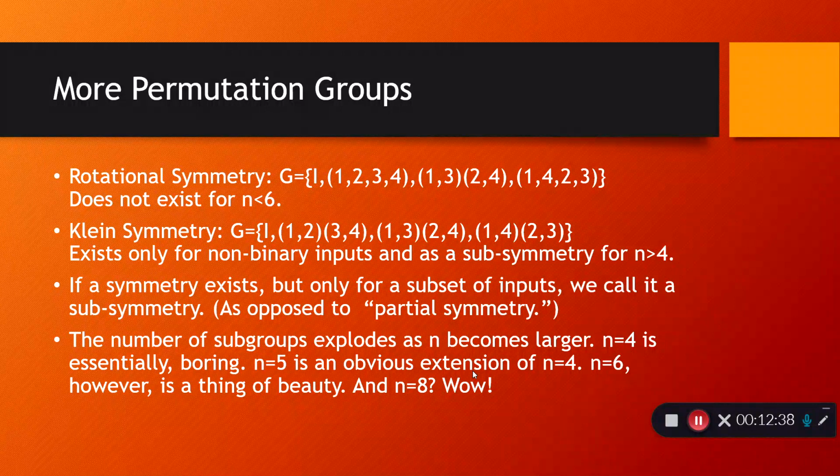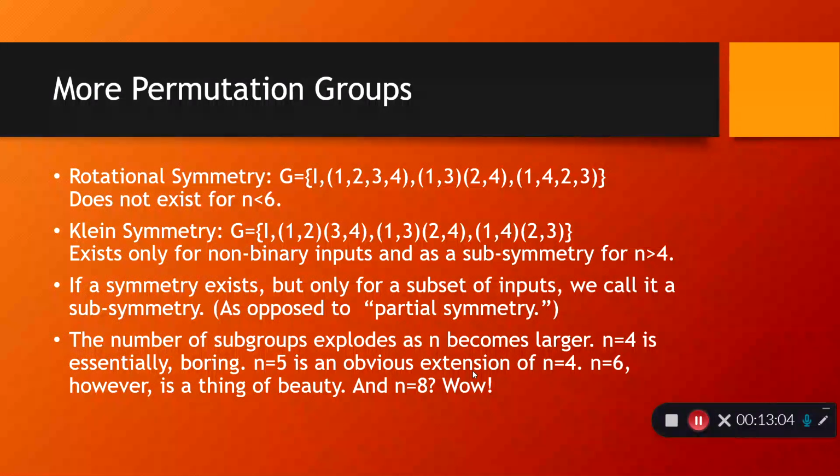We also have Klein symmetry. If I take the 4 elements, the identity element plus all 3 of the permutations that swap 2 pairs of elements, that's a symmetry group, and it's known as the Klein 4 group.